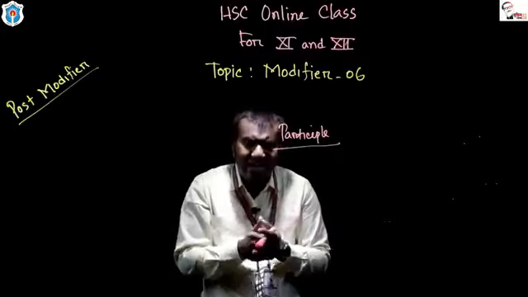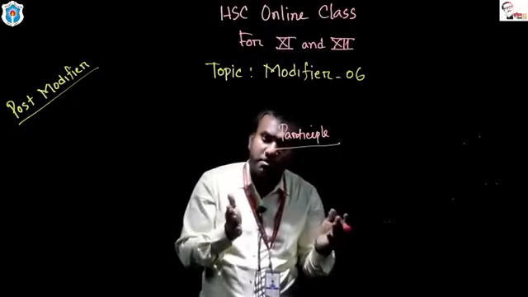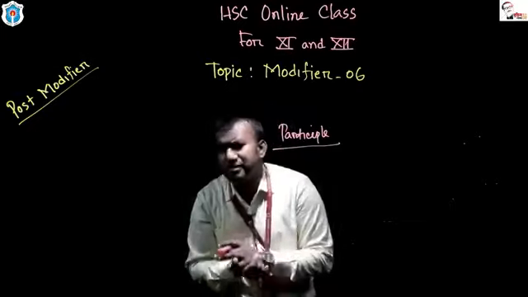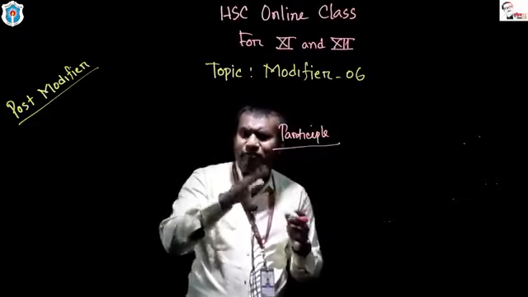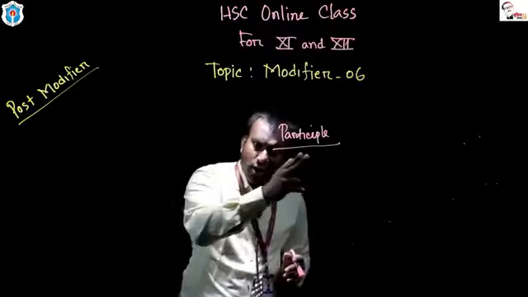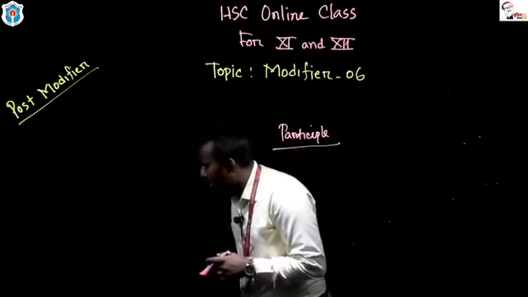Listen to what I say. All participles are the forms of verbs, but all forms of verbs are not participles. All the participles are the forms of verb, whereas all the verbs are not the participles. Is it clear, my dear students?